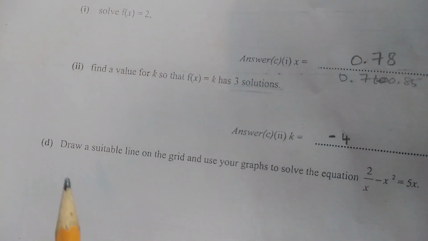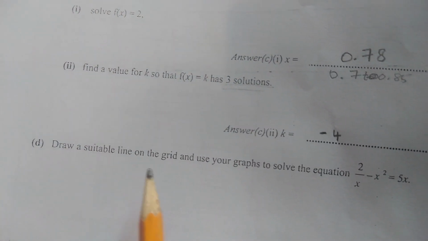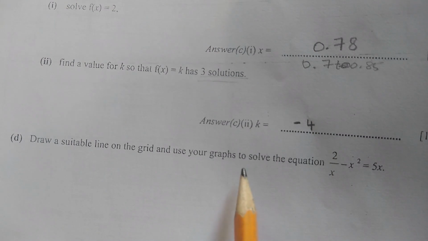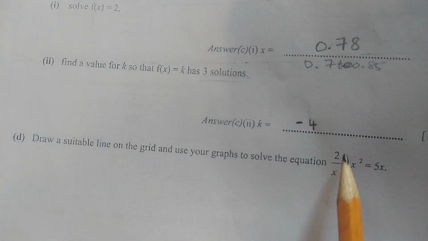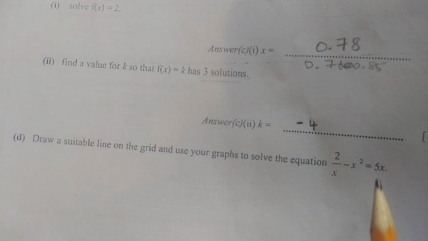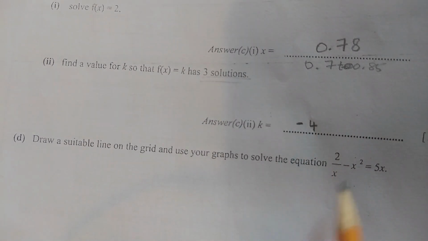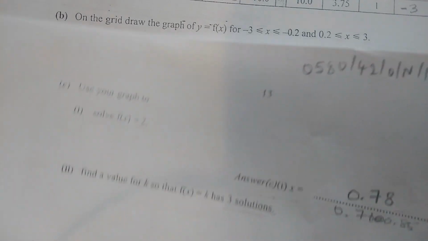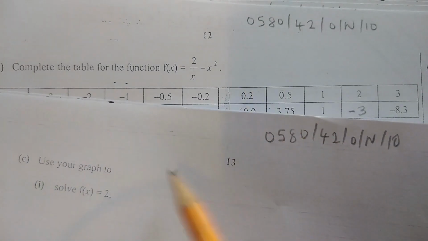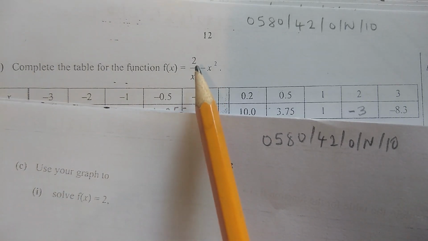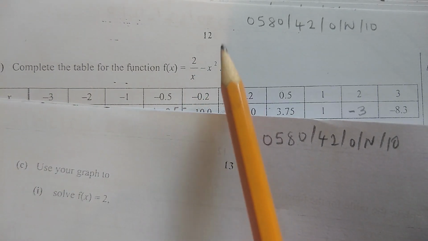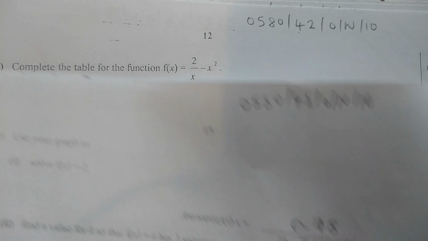D. Draw a suitable line on the grid and use your graphs to solve the equation 2 over x minus x squared equals to 5x, right? We have f of x is equal to 2 over x minus x squared, right?